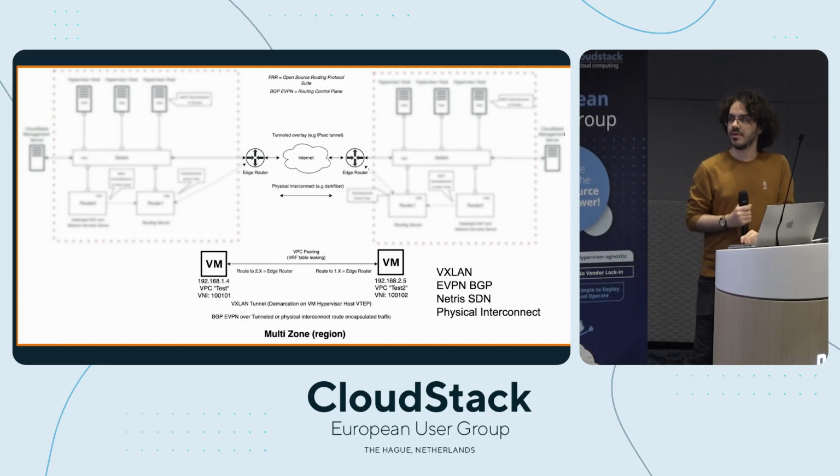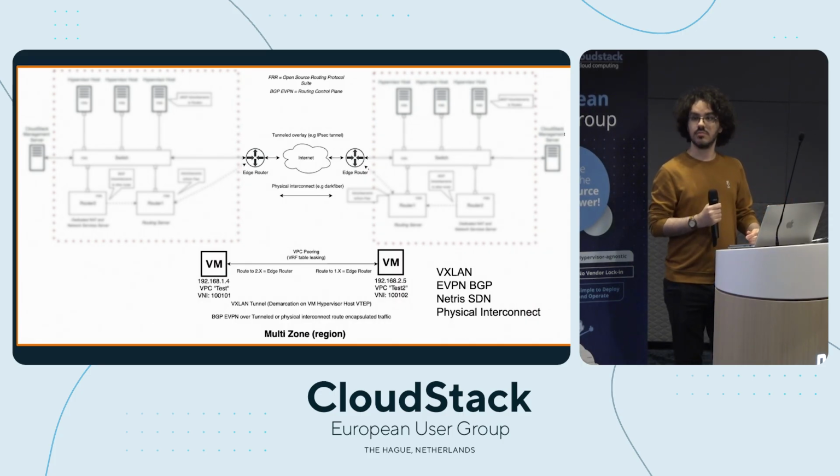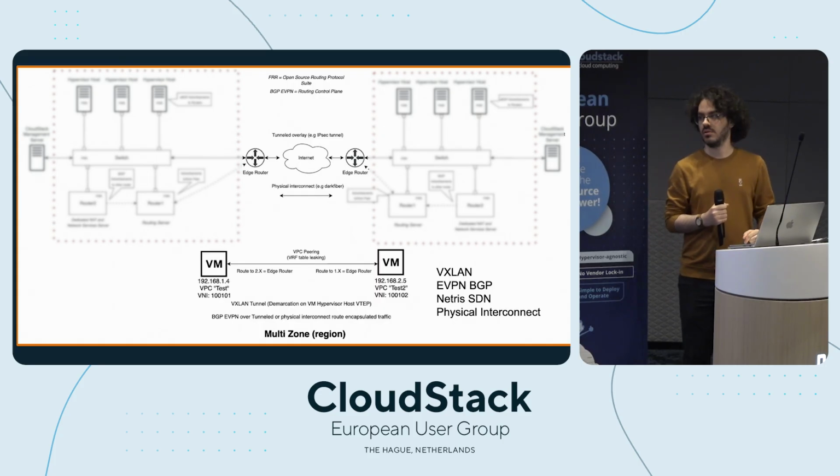But VPC peering in Netris isn't anything more than just leaking the VRF tables, so these virtual router forwarding tables, to each other. And these virtual router forwarding tables basically, in combination with EVPN, tell the traffic in the underlay level where to go to be able to reach that overlay address.